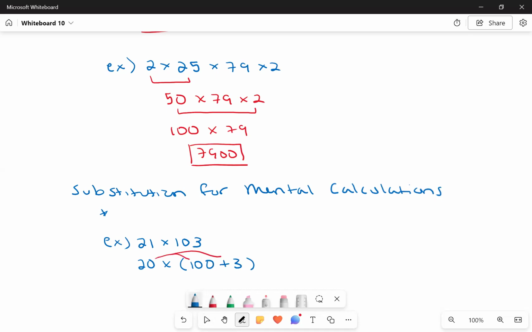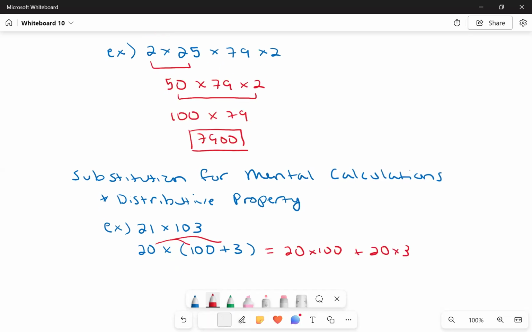Often what we use substitution for in mental calculations is to use the distributive property. We're trying to use this property to make our life easier. So according to the distributive property, we'll do 20 times 100 plus 20 times 3.